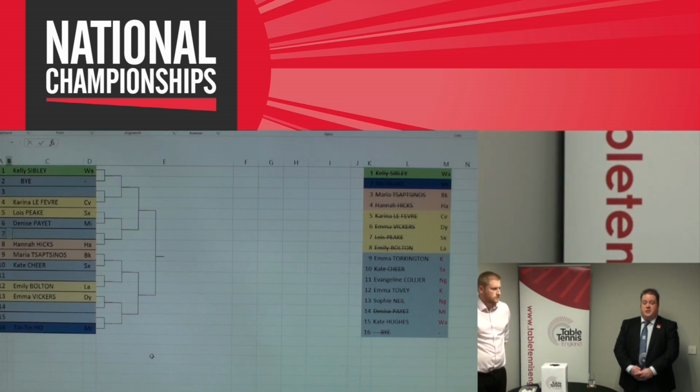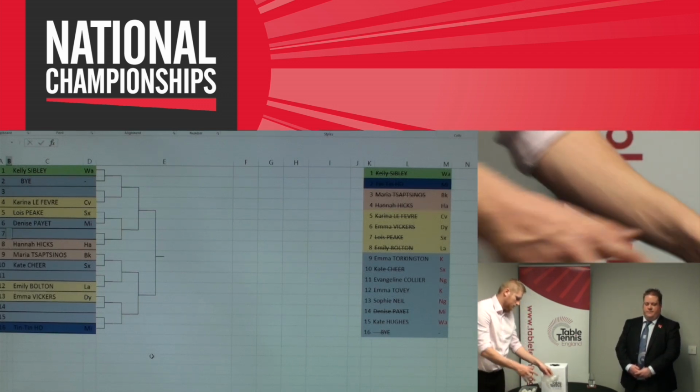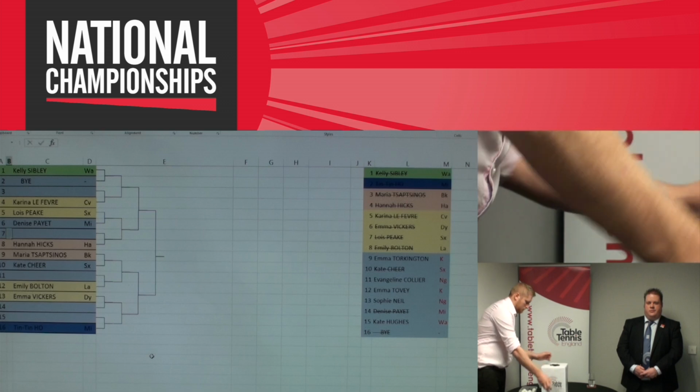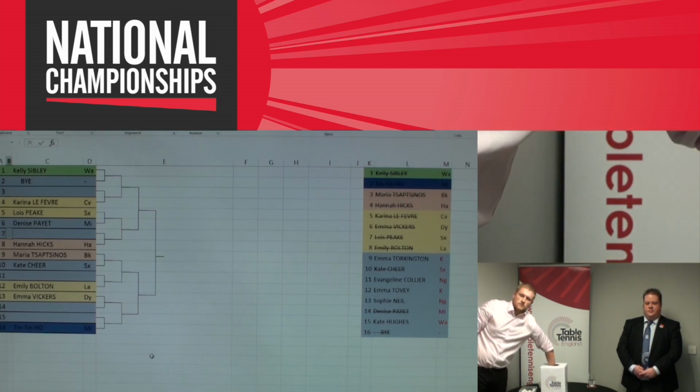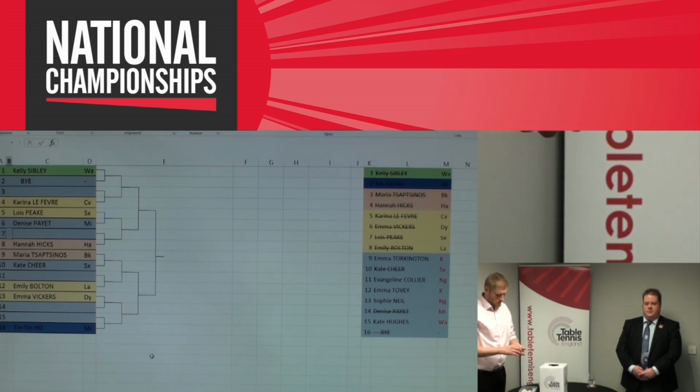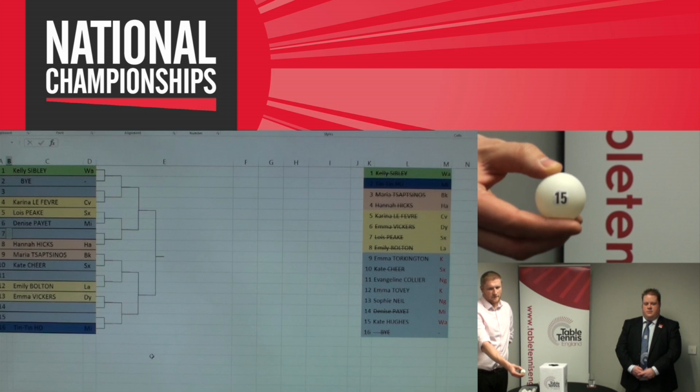The next person, Kate Hughes from Warwickshire, again must be drawn into the opposite half to Kelly Sibley. The bottom half remaining positions are 11, 14 or 15. Number 15.